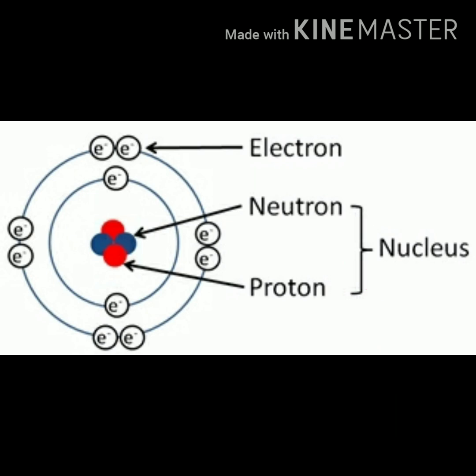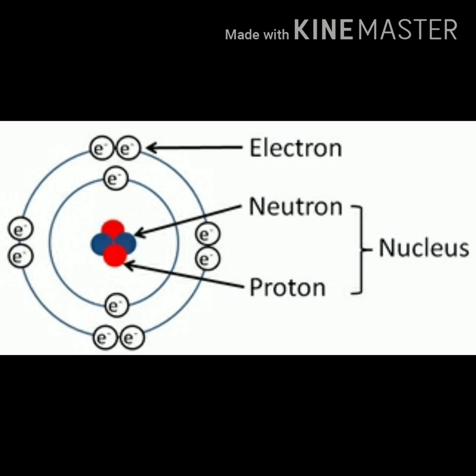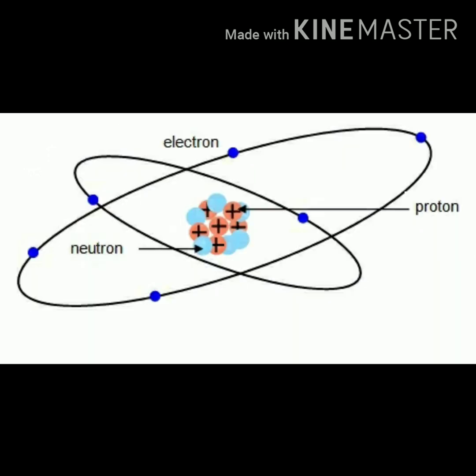That means without any charge. Electrons are negatively charged. Okay, they have a minus charge. So proton positive plus sign, neutron no charge neutral, electron negatively charged, that means they have a minus charge.